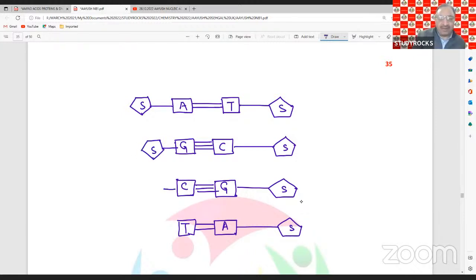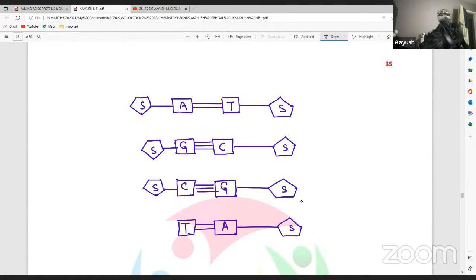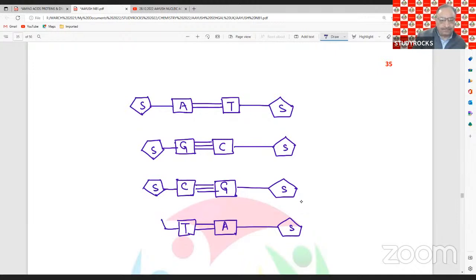It's a revision of bio class. This is pentose sugar. But the structures become more clear in chemistry class, the chemical formula. Now, are you able to draw it?